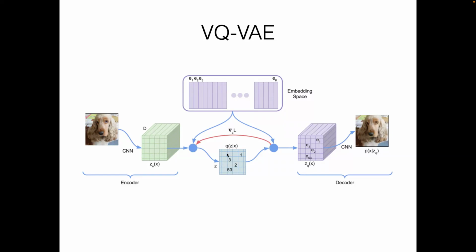So to represent an image, you could view it as being a sequence, but you could also view it as being some discrete values that are arranged in a 2D grid. And then you could get the vectors corresponding to them and apply some image architecture for the decoder. Okay, and so here it's showing convolutional neural networks, but the overall idea isn't necessarily dependent on the architecture that you're using for the encoder or the decoder.